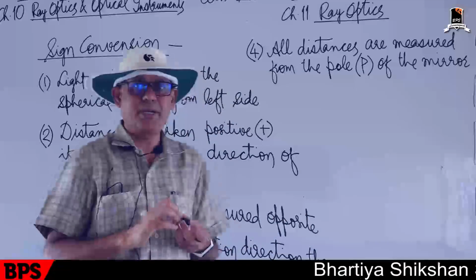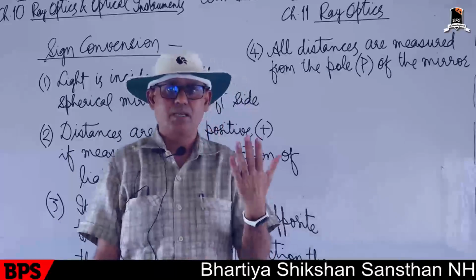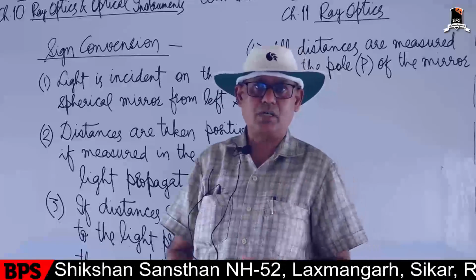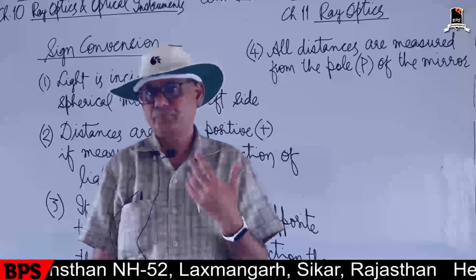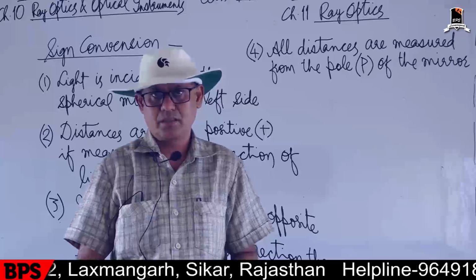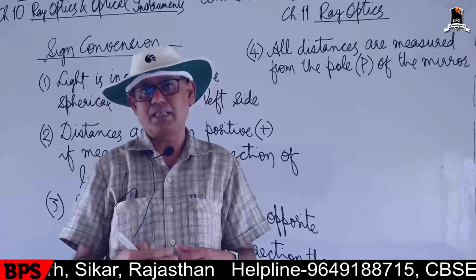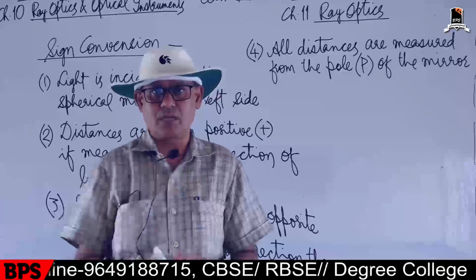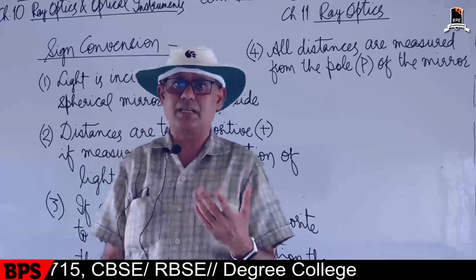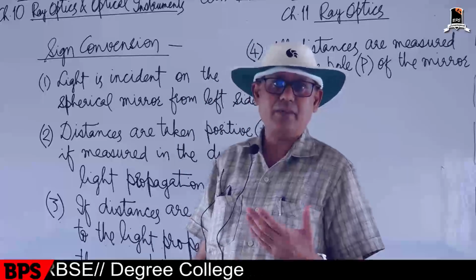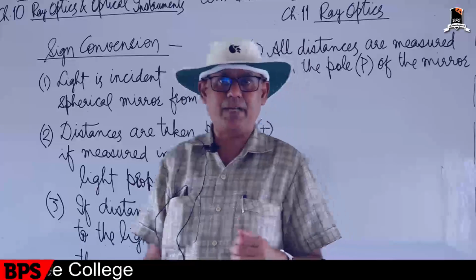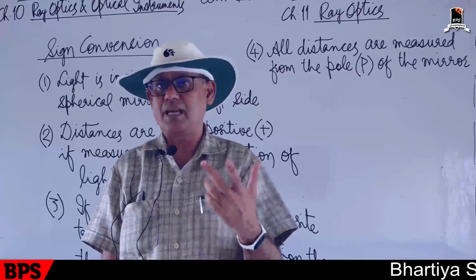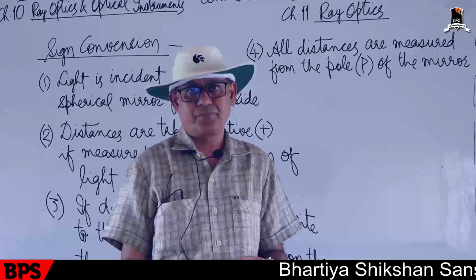Now, there may be distances which may be vertically upwards and vertically downwards to the principal axis. If the distances are measured perpendicular and upwards to the principal axis, then they are taken as positive, and if the distances are perpendicular and measured downwards to the principal axis, then they are taken as negative.